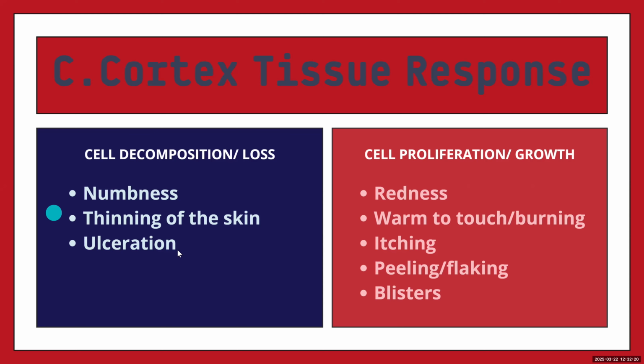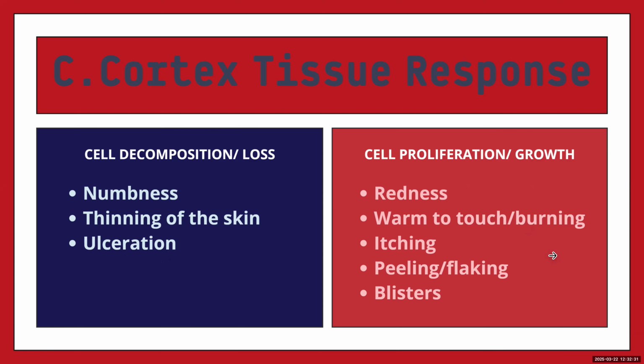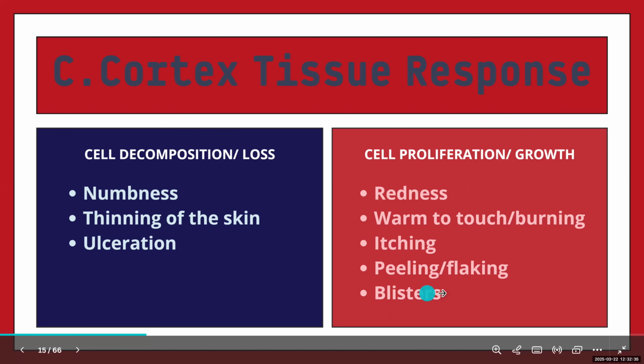And ulceration will be here, like syphilis, for example. Now, as it heals, that's when you start seeing the classic signs of redness, itching, warmth, blistering, depending if they have the syndrome, depending on how severe the blisters would be.